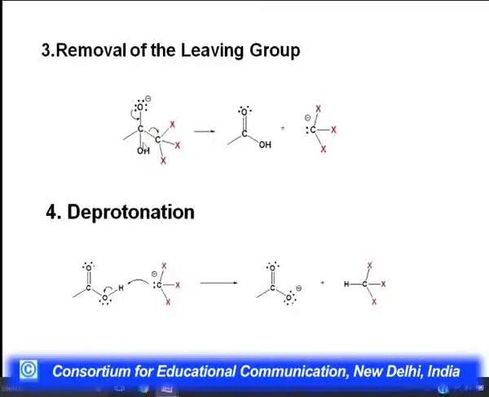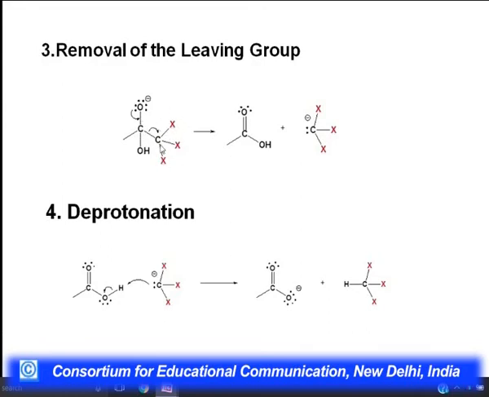Now what we find here is, which group will leave? This intermediate becomes very unstable because the carbon here is attached to 3 electron withdrawing groups, that is O, OH, and a trihalo group.